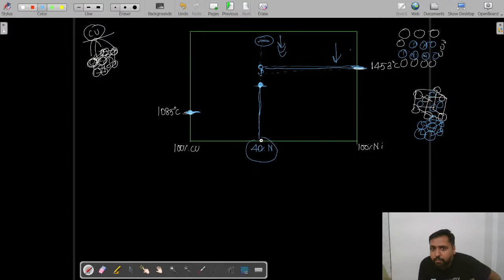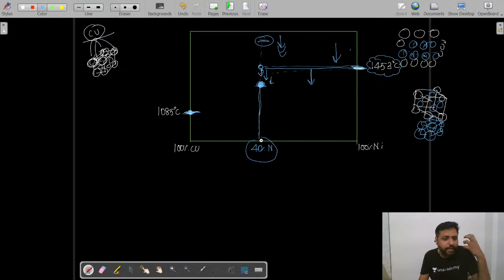The temperature will further come down. Now you see the temperature has become so low compared to 1453 degrees centigrade.